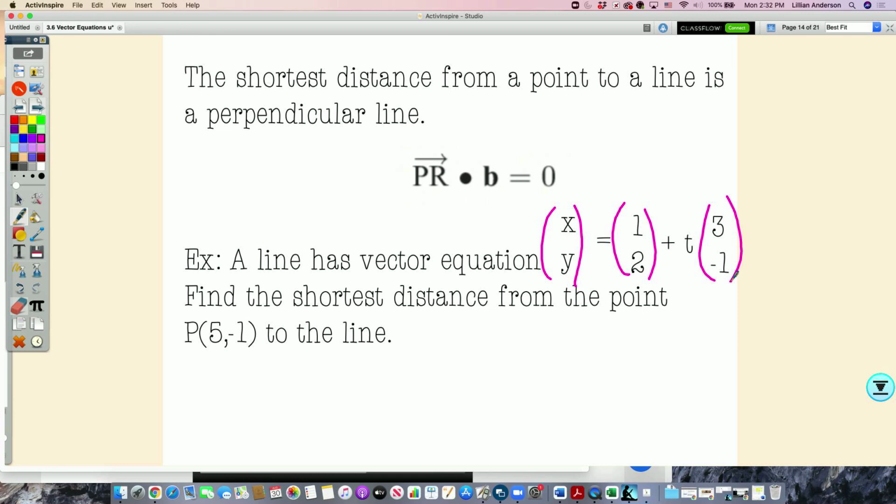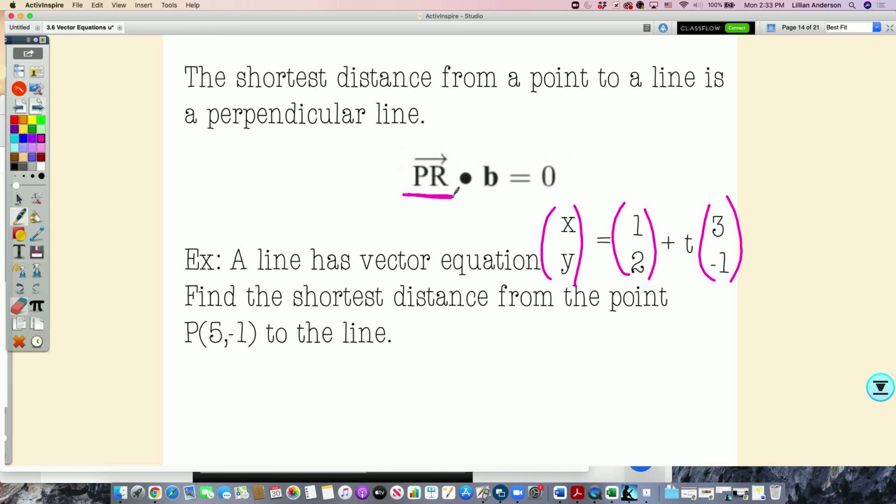And so in order to do that, we would need to do the dot product, set it equal to 0, and then from there, we can figure out the actual distance by finding the magnitude of that vector. Okay? So, we have to figure out what this vector is though. Okay? So, suggestions on how we do that?